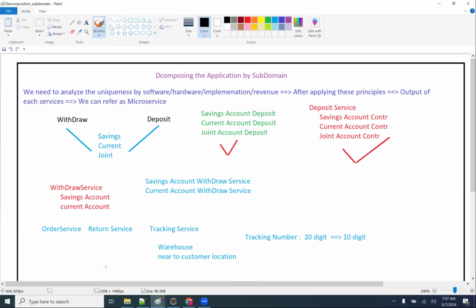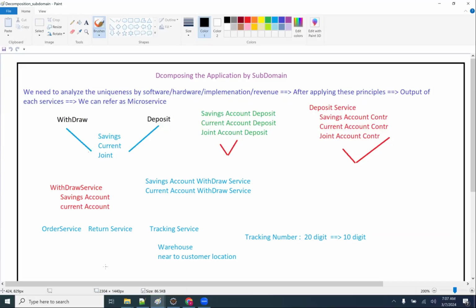We need to apply software, hardware, implementation and revenue principles. The output of each service comes out of this exercise. We can refer to it as a microservice.